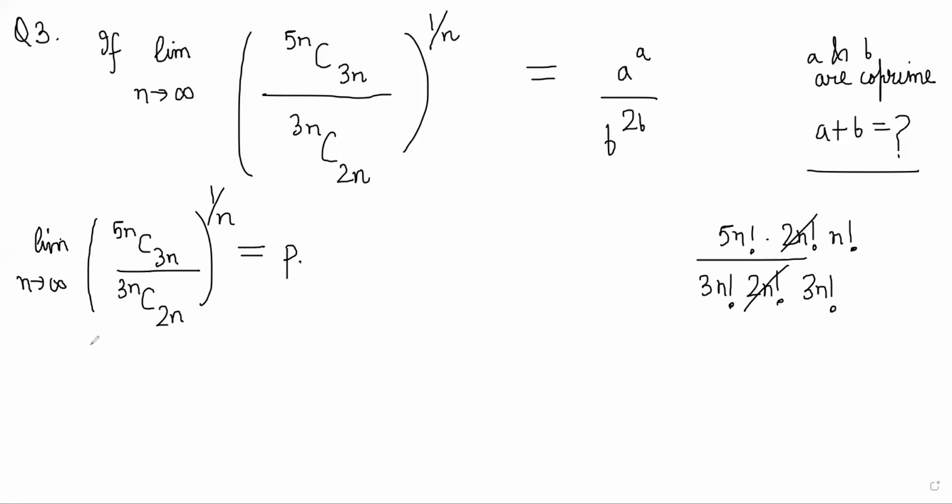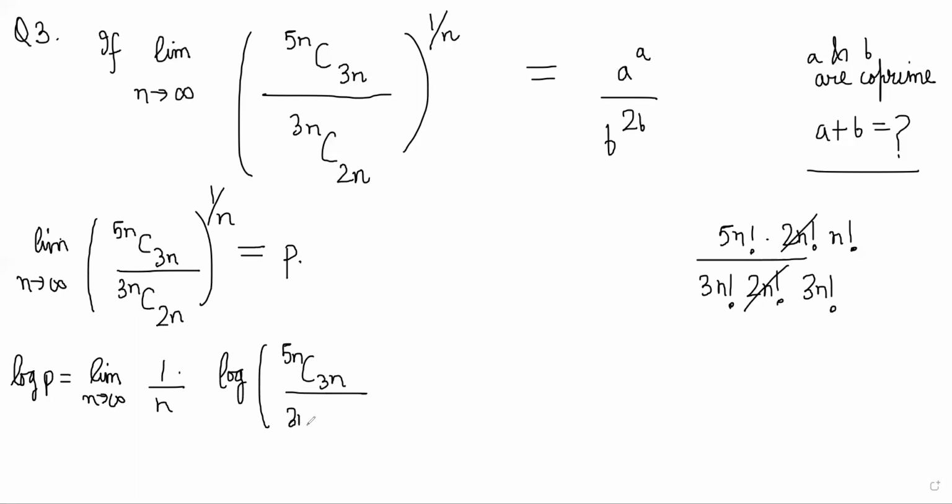You can take log p is equal to limit as n tends to infinity of 1 by n into log of 5n C 3n over 3n C 2n.